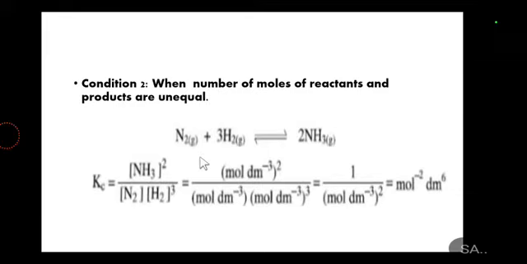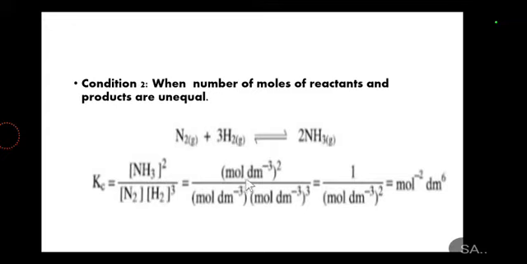In the other scenario, when the number of moles of reactants and the number of moles of products are unequal, there will be a unit for Kc. Looking here, 1 mole of nitrogen is reacting with 3 moles of hydrogen to give you 2 moles of ammonia. So you can see there are 4 moles of reactants and 2 moles of product. When you put the values in this expression like this, then you will have such a condition.